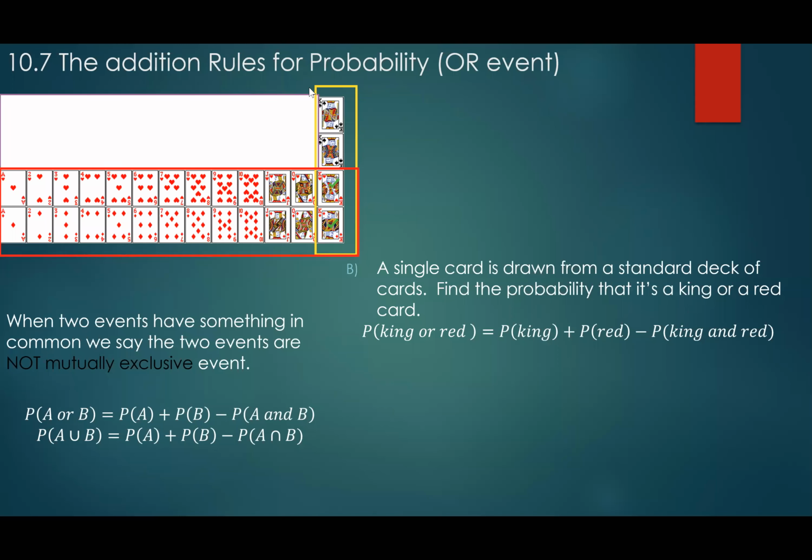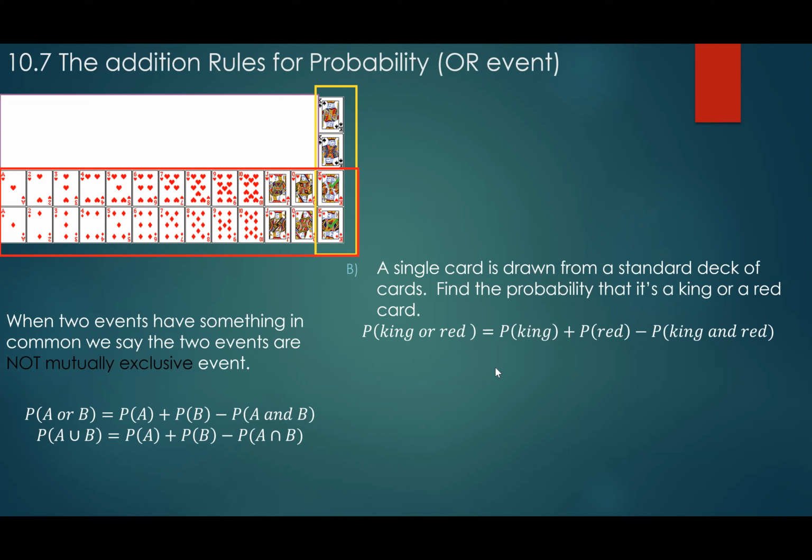So they are not mutually exclusive, and if they are not mutually exclusive, we need the probability of A plus the probability of B minus the intersection of the two.